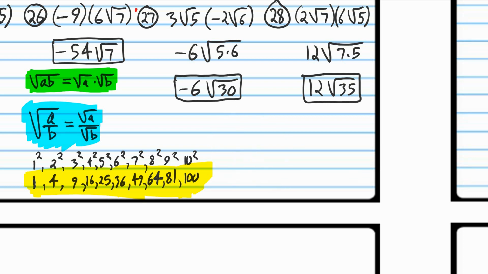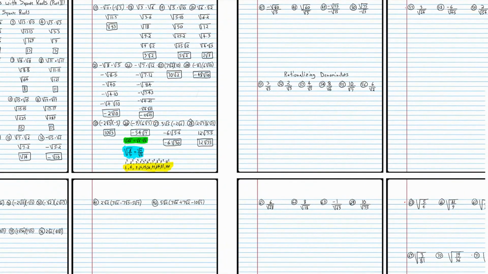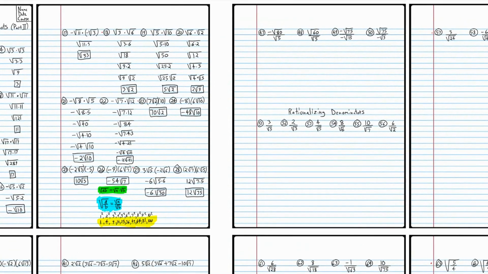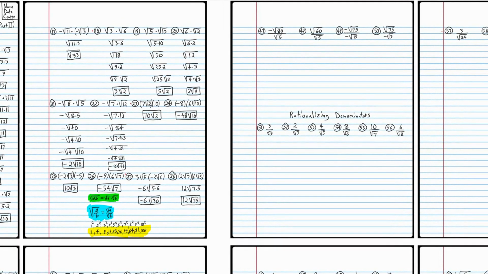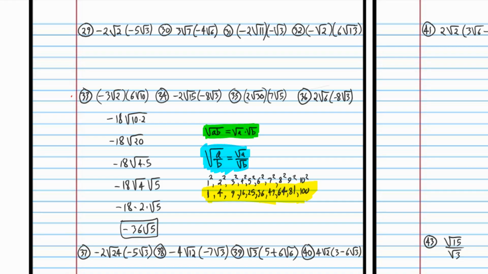So as you learn more and more about these numbers and the different factorizations, you will start to be able to identify quickly whether there's a perfect square as a factor. And all you need to do is just try the different factorizations to see if you can find a perfect square. All right, so it's time for you to try.